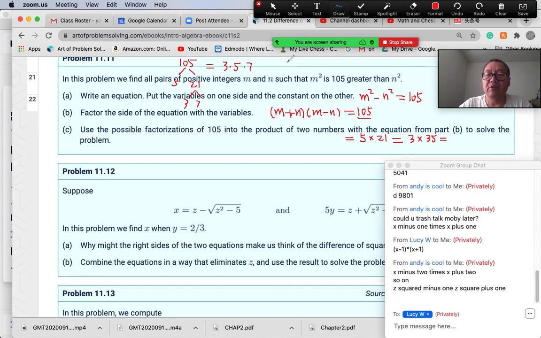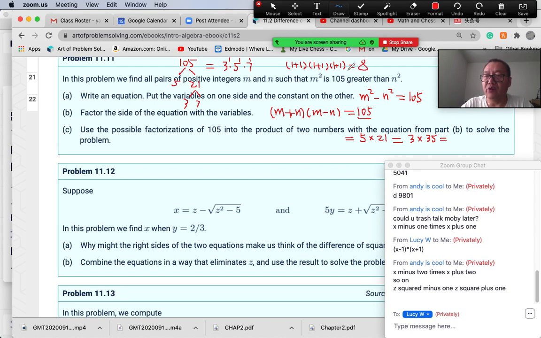Remember the formula I told you to calculate the number of factors of a number: add 1 to each of their powers, then multiply together. Because you have 3 factors, 3, 5, 7, each with power 1, you just do 1 plus 1 times 1 plus 1 times 1 plus 1. This gives you 8.